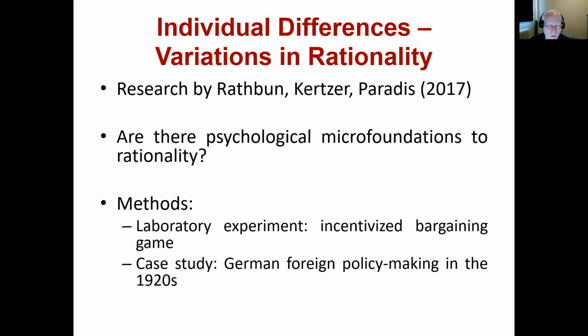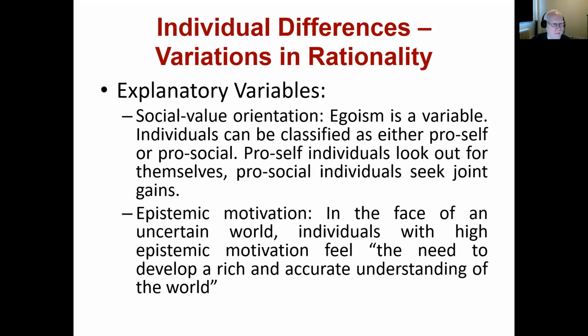So people earned anywhere between $10, if they're absolutely terrible and just got their show-up fee, and up to about $23, I think, for those who performed best. And then there was a case study on German foreign policy making in the 1920s. In both cases, we made predictions that there are two psychological variables that explain those who are more likely to act rationally.